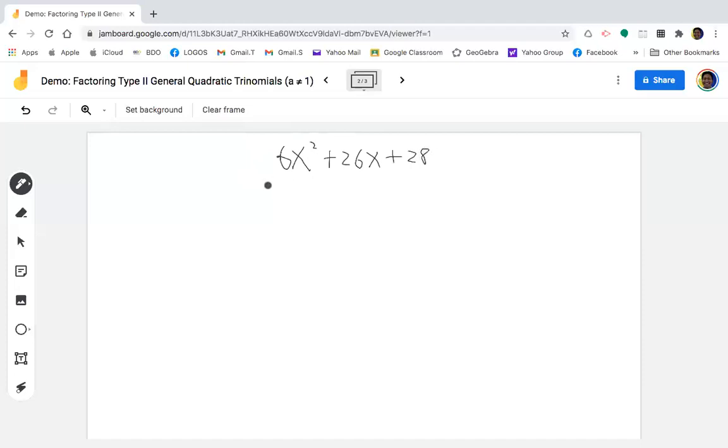All right, so this is the first thing that you have to make sure of, that your trinomial is arranged in this order. X squared comes first, and then x, and then the constant.